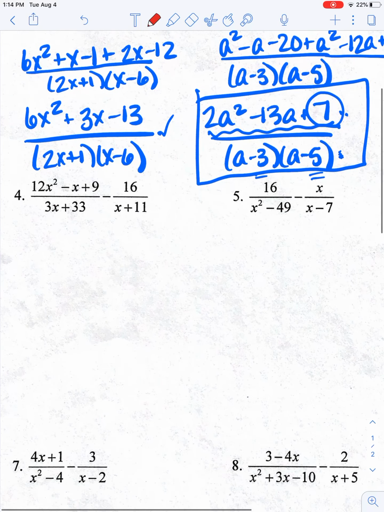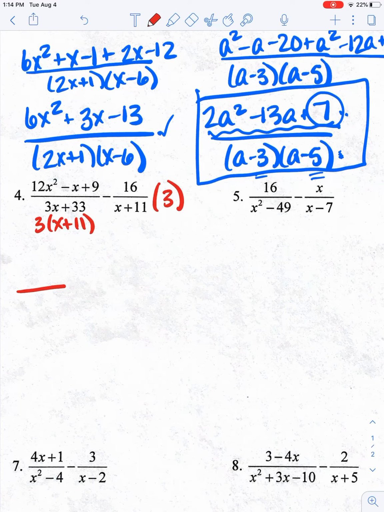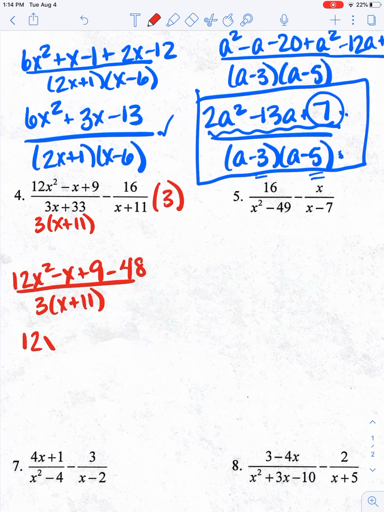All right, let's go look at number 4, and I hope you can kind of see now that this bottom factors. That should be the first thing that you're trying. I can see that they both have an x minus 11, so he's going to get a 3. My denominator, this numerator stays the same because he didn't get anything. And then minus 48, and then I'm going to clean.